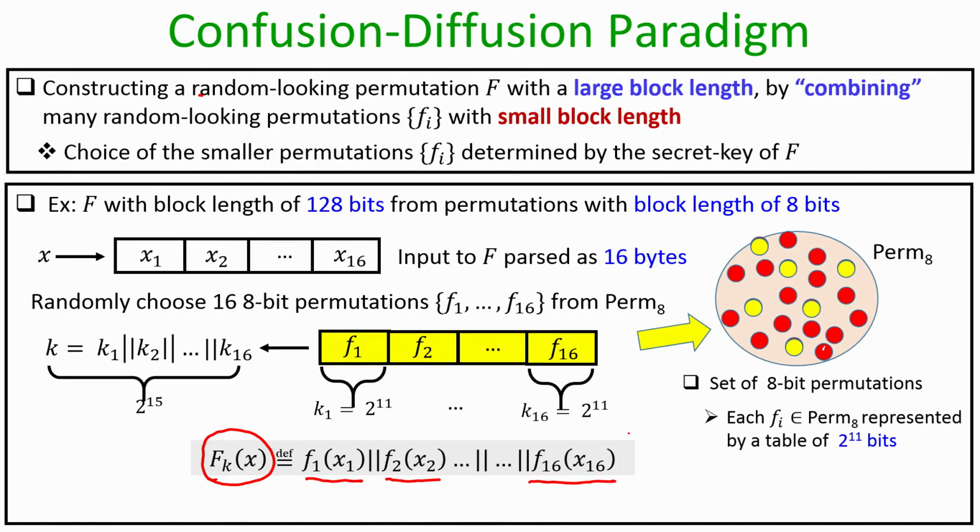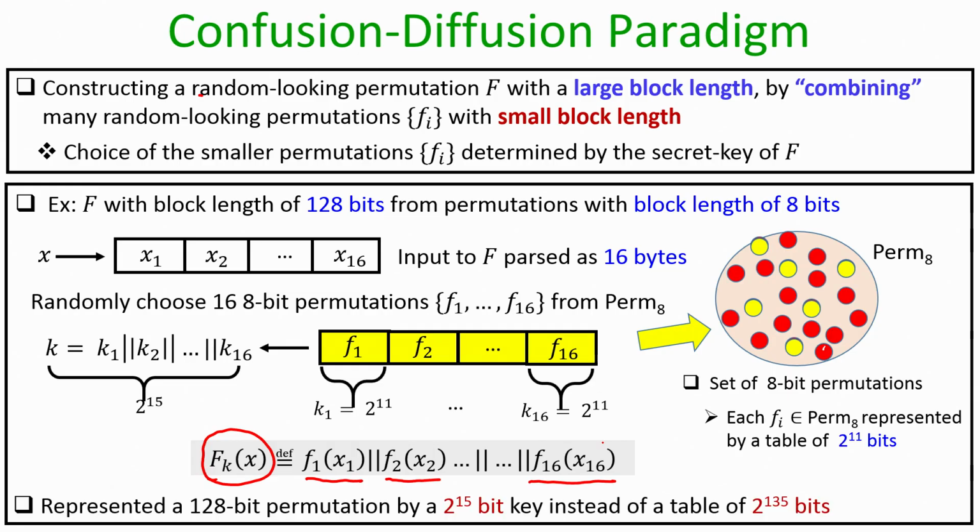If I concatenate all these individual outputs, that is the output of the keyed function F_k on the input x. So, that is the way we construct a function F using several smaller permutations.